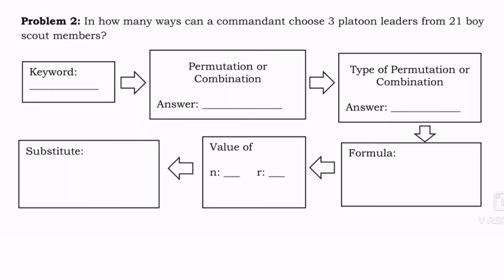Substitute: the combination of 21 taken 3 at a time is equal to 21 factorial all over the quantity of 21 minus 3 factorial times 3 factorial.